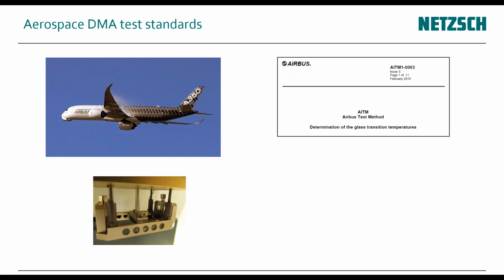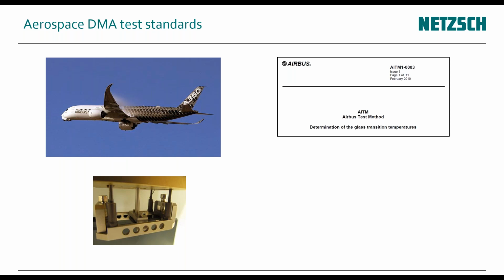This shows why this is so important, and it is why, especially in the aerospace industry, every part that is built into a plane or helicopter or whatever is verified by dynamic mechanical analysis. There's an Airbus standard, I just Googled this so you can also find it: AITM 1-0003.